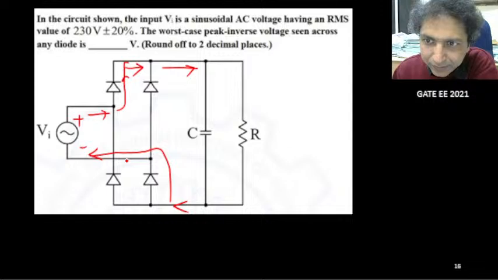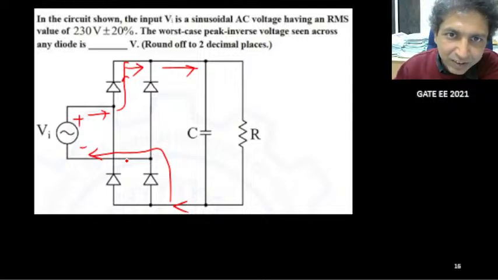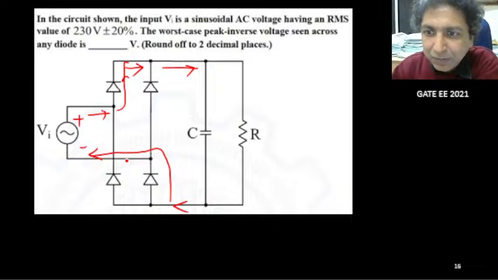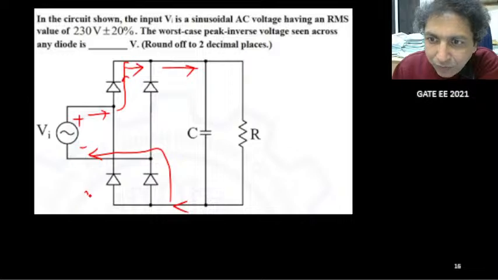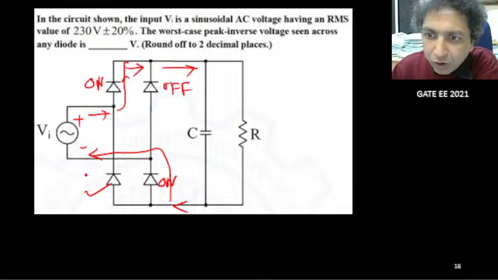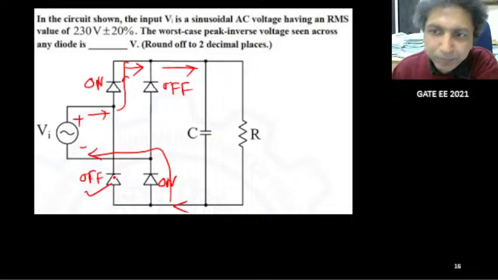So this is the path for forward potential, positive half. In this case, obviously this diode is on, this is on, this is off, and this is also off for the positive half.